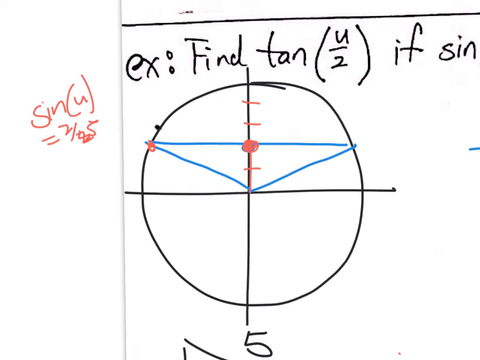There are two angles, so there's this angle, theta, and there's this angle, which we're talking about, angle u. Both of those have a sine that is equal to 2/5. So the fact that they told us that it's in quadrant 2, this is quadrant 1, this is quadrant 2, means we know we're talking about that angle. And that's important.